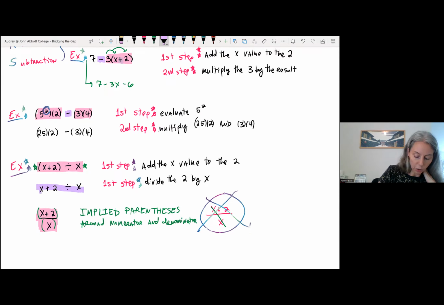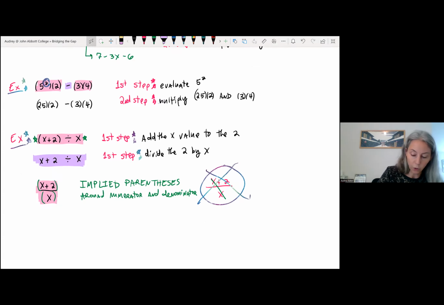So this x plus 2 divided by x. Here, the lack of parentheses is telling me that the division comes first. So if I were to rewrite this using our fractional notation, this would be x plus 2 over x, and that division by x is only going with the 2 there.